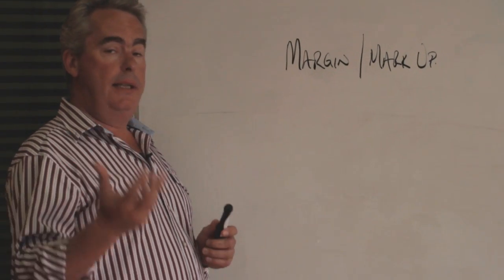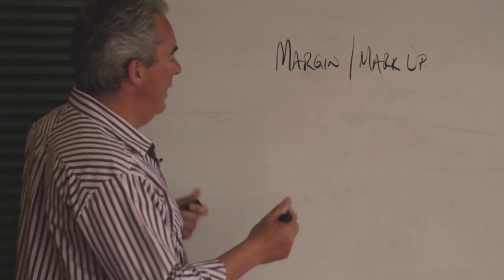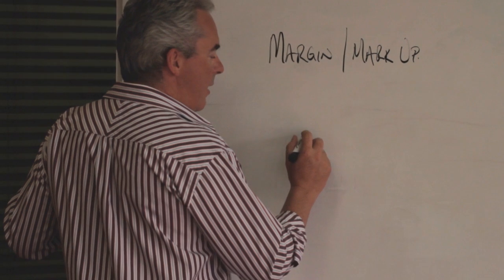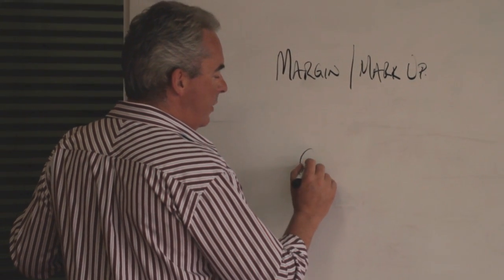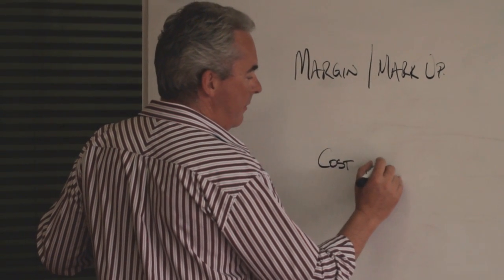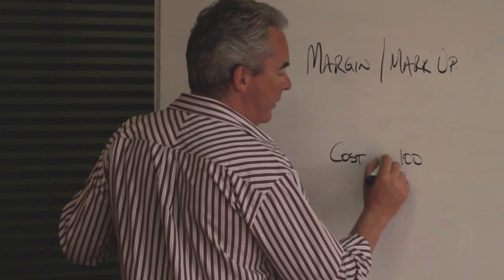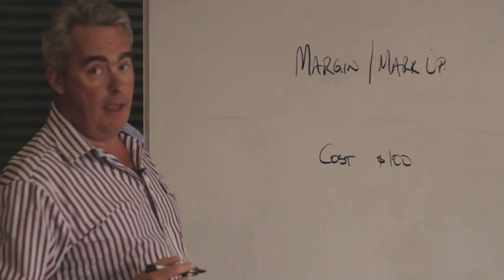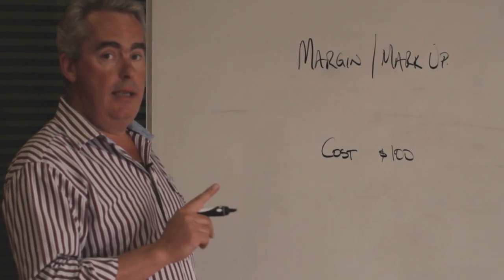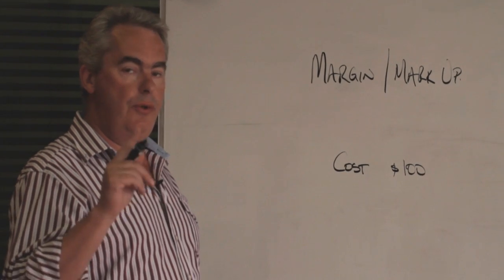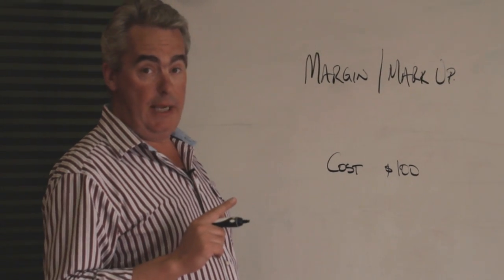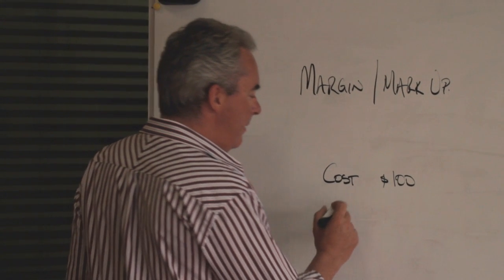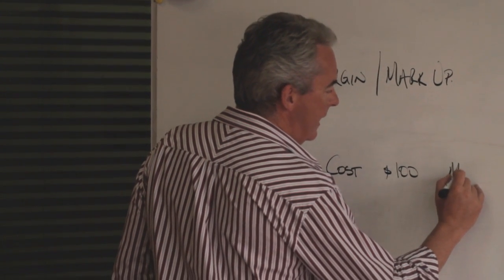Okay, so let's go through a simple example. If we've got something which we've bought, our cost of the item is $100. Now, let's say we want to have a markup of 50%.